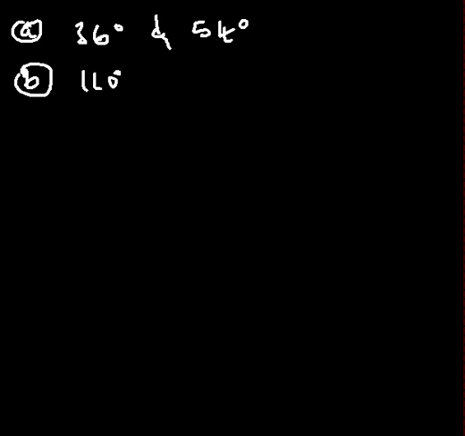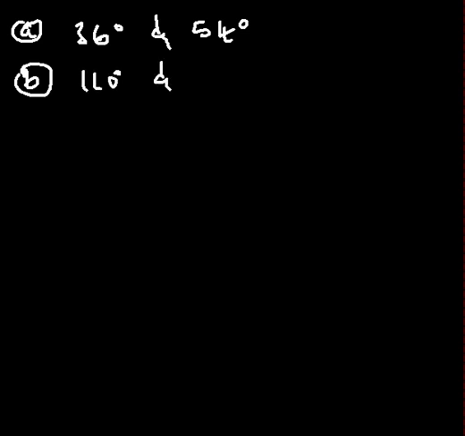And in the following cases, identify which of the following pairs of angles are complementary and supplementary. Let's say we have the first case, A: we have 36 degrees and 54 degrees. The second pair is 110 degrees and 70 degrees.